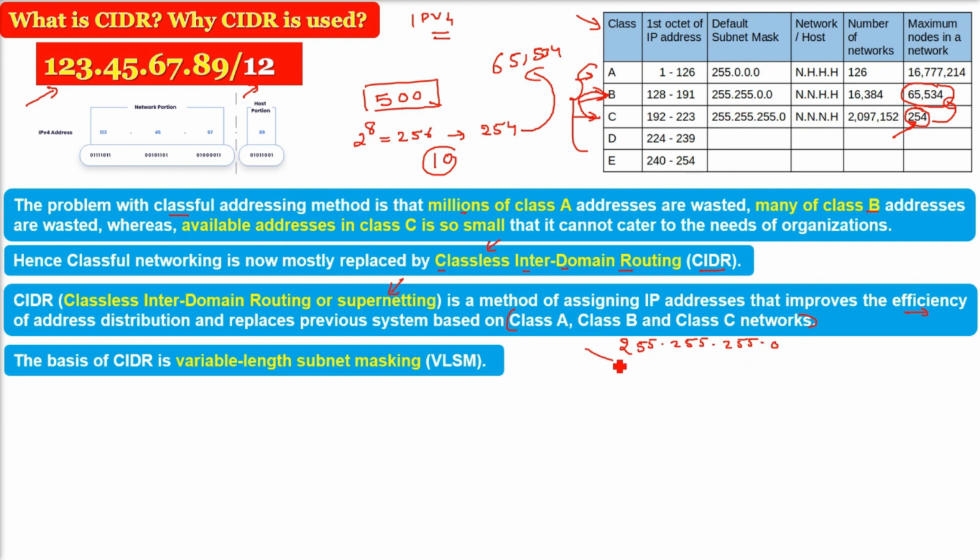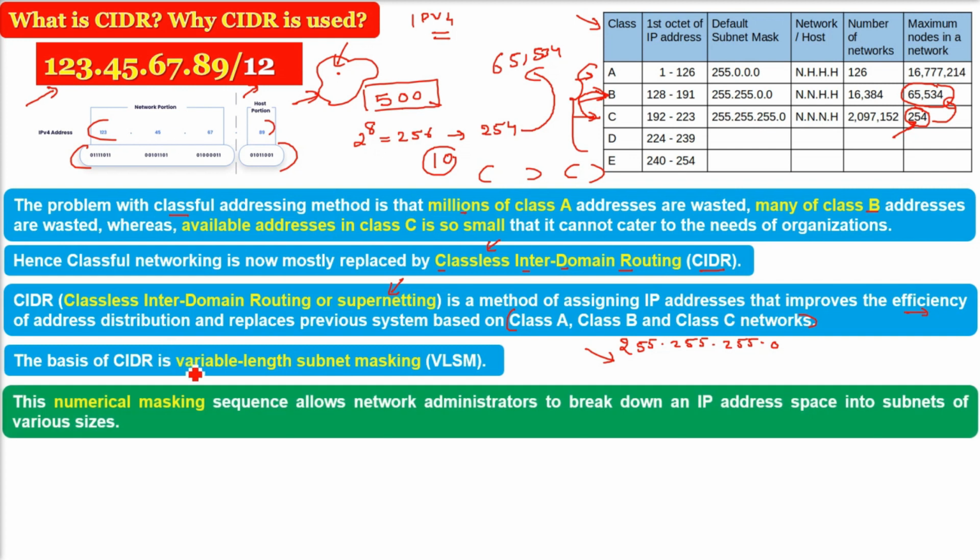But what if you don't want this? You want contiguous addresses for your organization to fulfill its requirement. You need a network address and a host address, similar to the previous system. We want the system to remain the same: the whole network and the hosts inside that network.